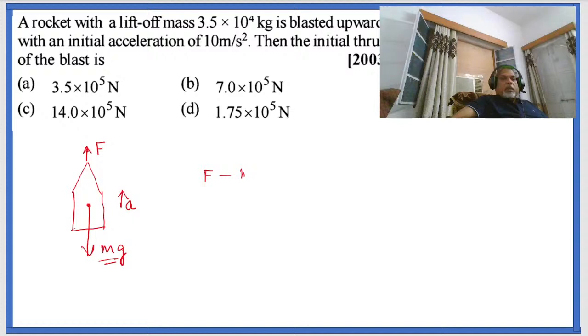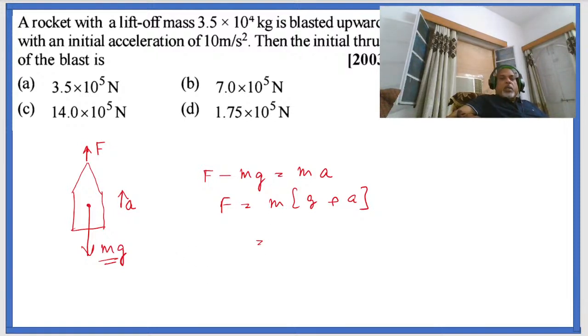F minus mg must be equal to ma, or thrust will be nothing but m into (g plus a). It is a problem similar to the previous one, correct?